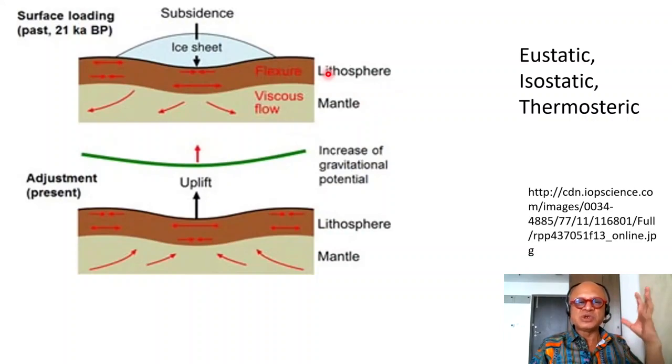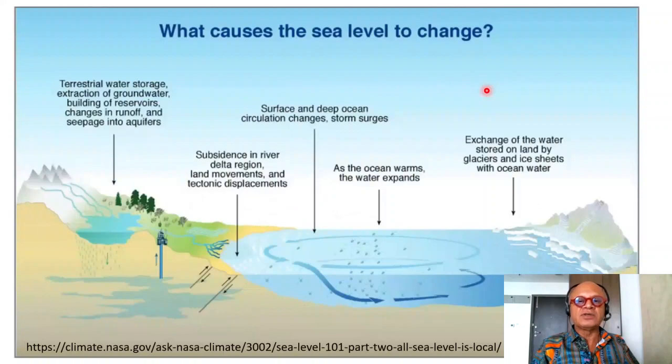There is also glaciostatic and other tectonostatic, other details. But the other component is thermosteric, where you can look at these multiple components together. Terrestrial water storage, extraction of groundwater, building of reservoirs, changes in runoff and seepage into the aquifer are all going to affect the water balance at some stage, as well as the continental movement.